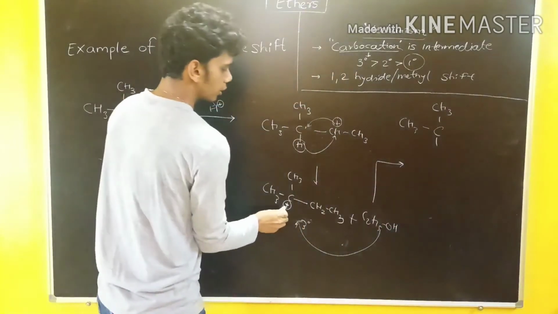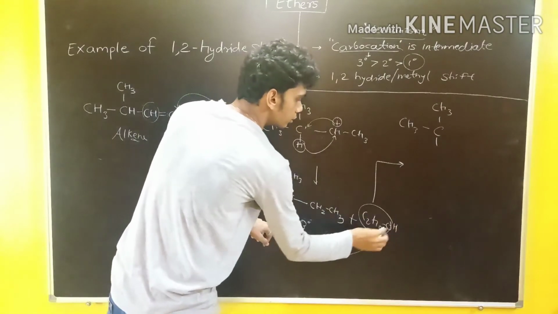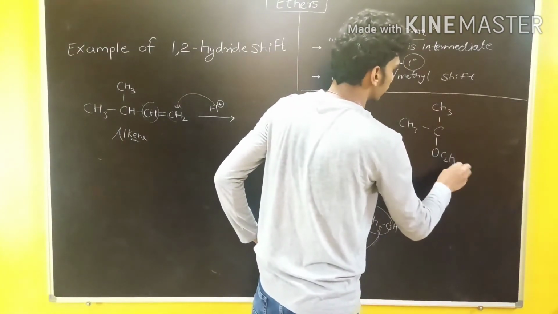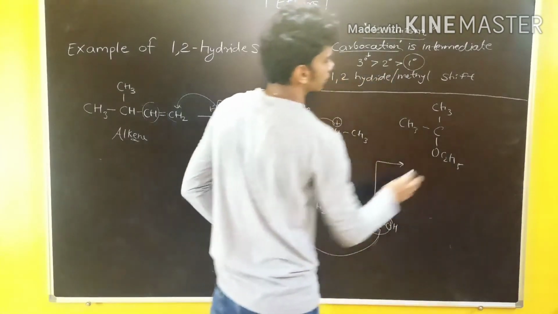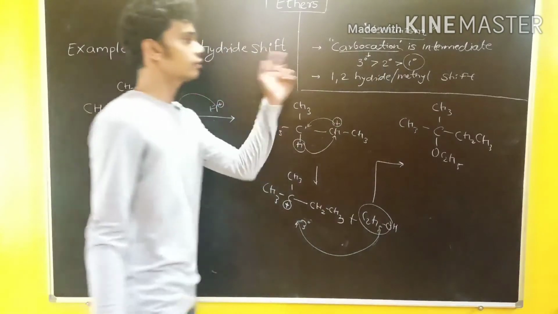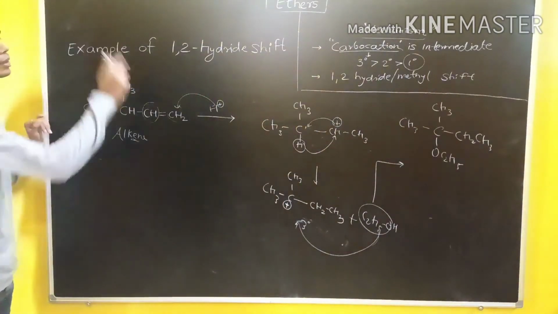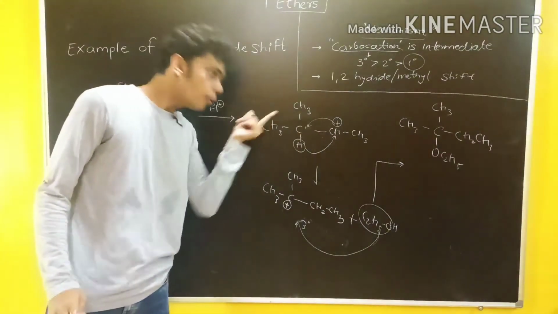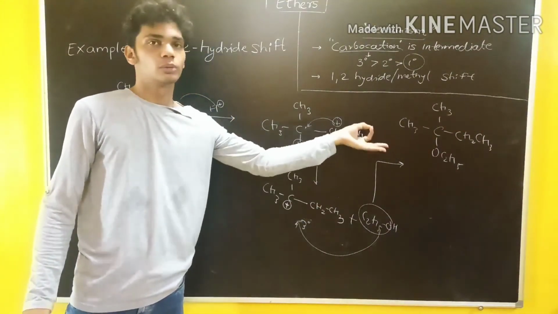This is a carbocation, so this part is going to attack over here, so it will become OC2H5, and this part remains as it is, CH2CH. So we have studied here the example of the 1,2 hydride shift. If there is a scope, only then this rule must be followed.